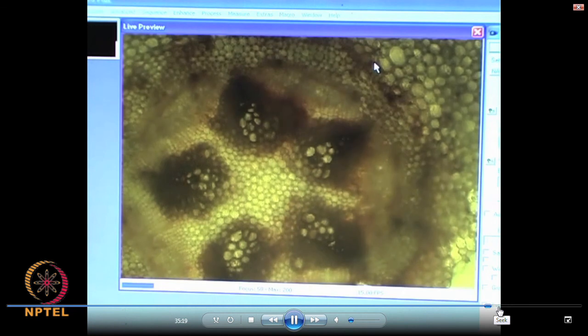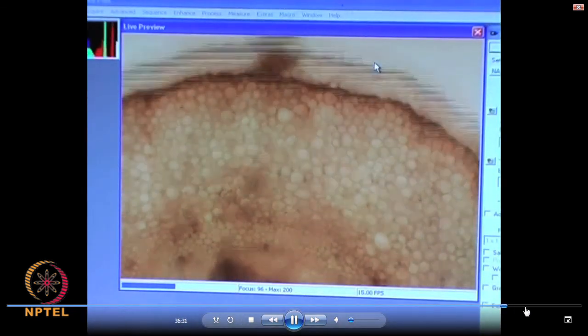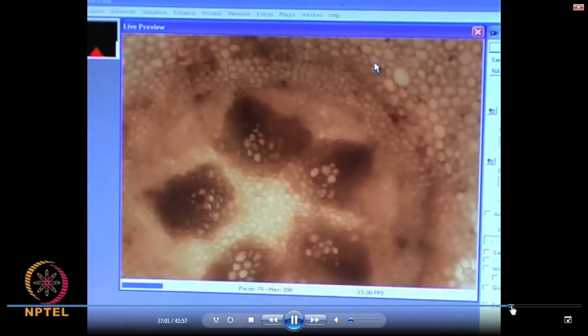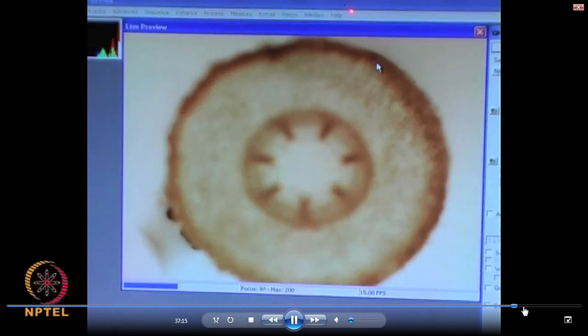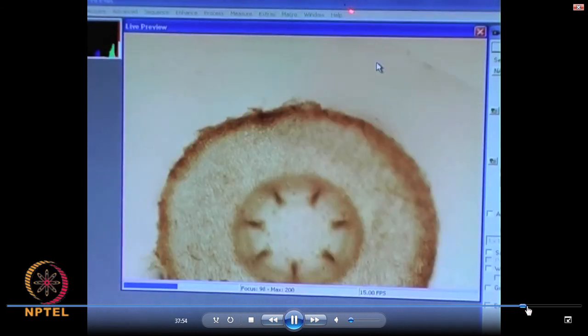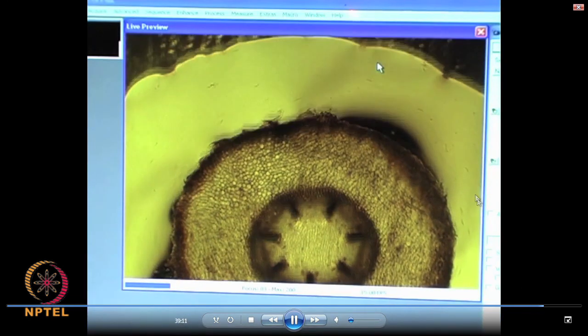Now, we will look at the cross section of the money plant stem in bright field mode. It appears like this, and when you change to phase contrast mode, you will see that the kind of details you get is phenomenal.